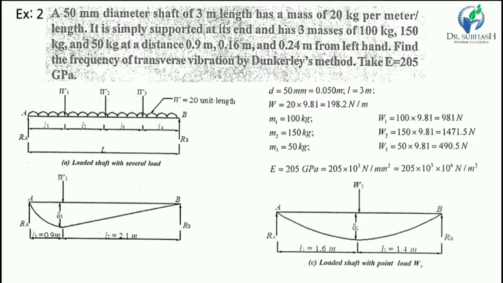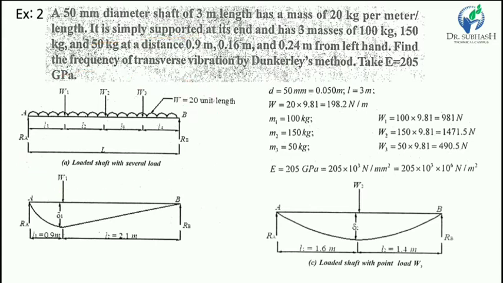The weight of the shaft per meter, mg, is 198.2 Newton per meter. The shaft is simply supported with the help of two bearings at the ends of the shaft, as shown in the figure.